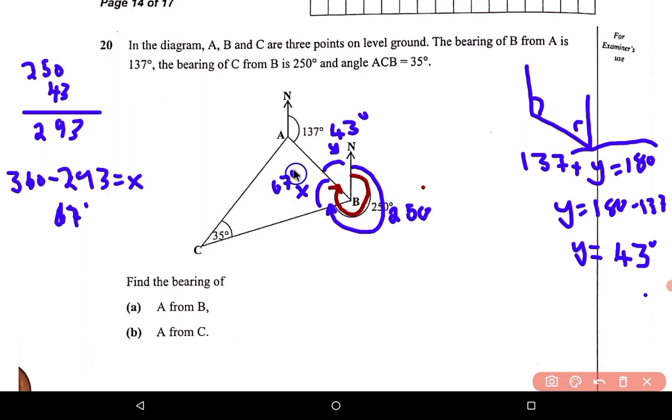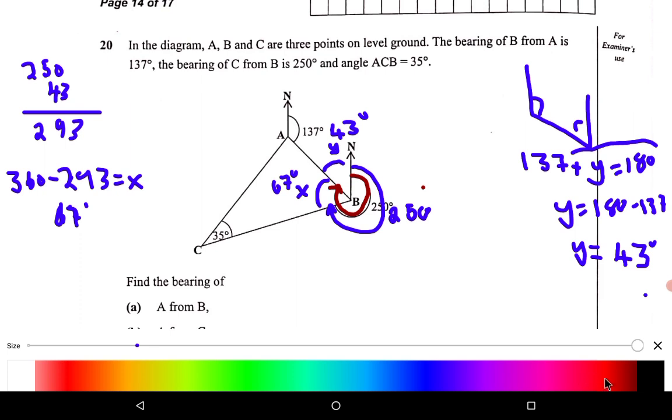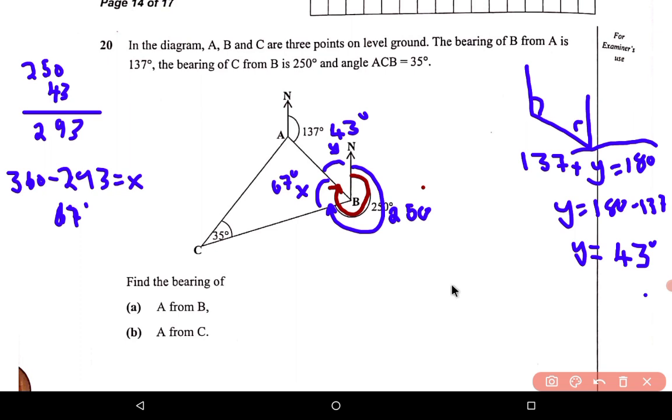Now remember what the question was saying. The question wanted us to find the bearing of F from B, meaning this whole bearing. So meaning the 250 plus the 67.